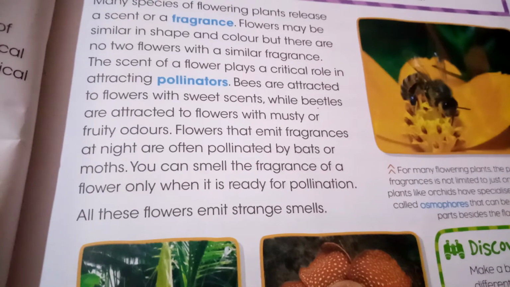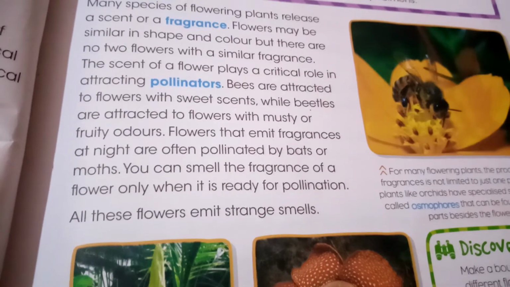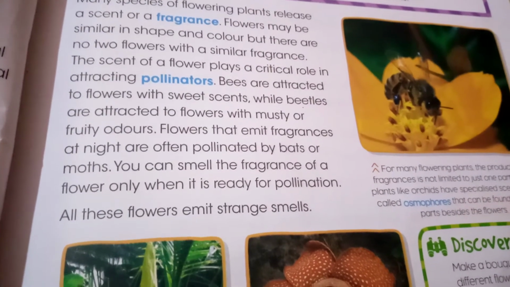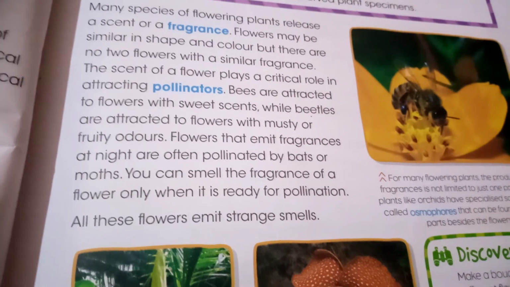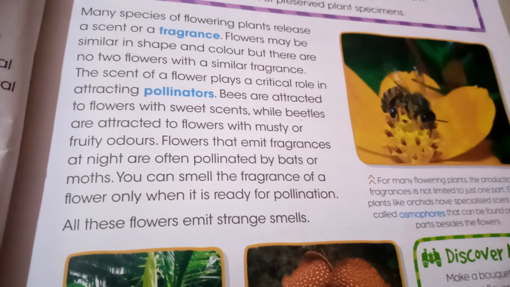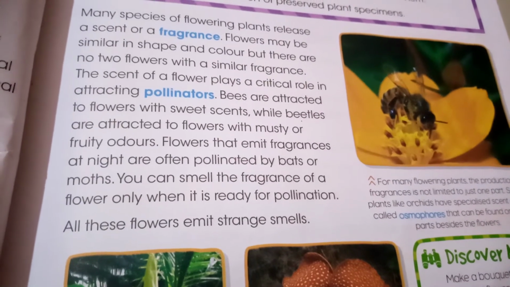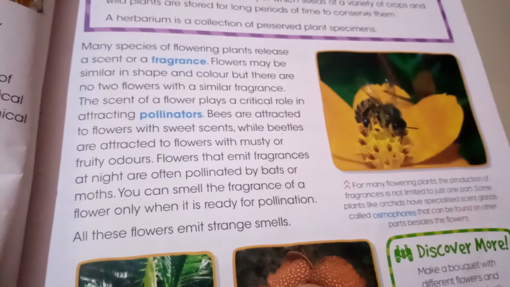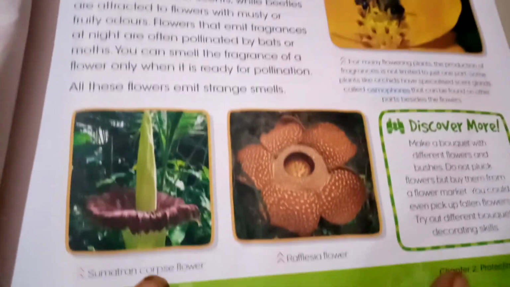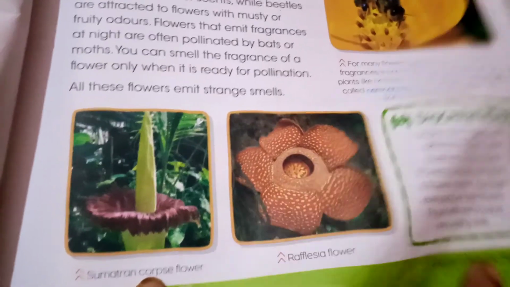At night the flowers give out various fragrances, and with their smell they are attracted by bats and moths, and these bats and moths help in pollination. Some flowers emit very strange smells, so they are not attracted by the insects.